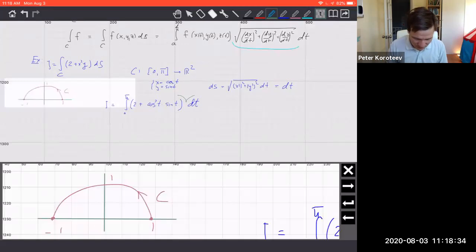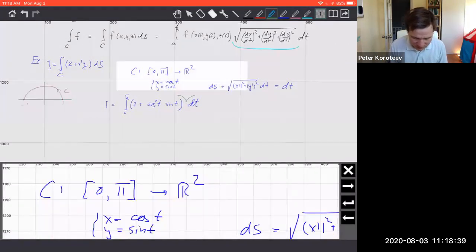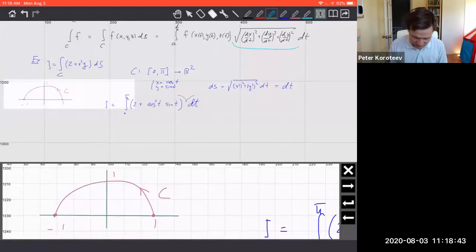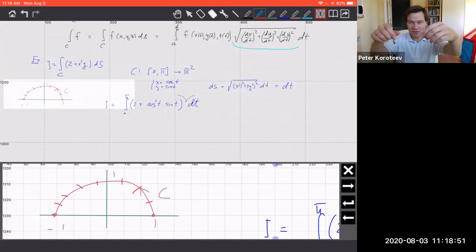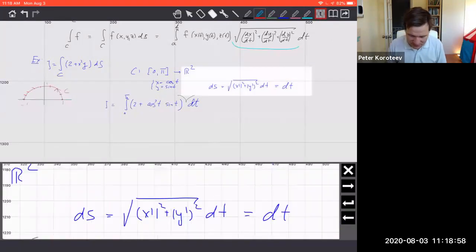Here, we're simply stretching the interval from 0 to pi. Because we define it from 0 to pi, the point moves with constant speed from this point to that point. So it's as if you are integrating over just a straight segment of length pi. That's why this factor is equal to 1.